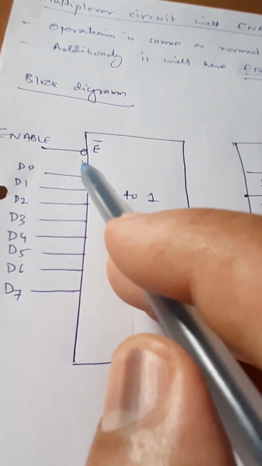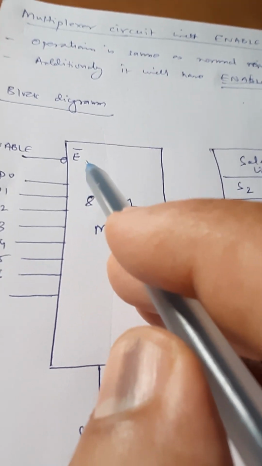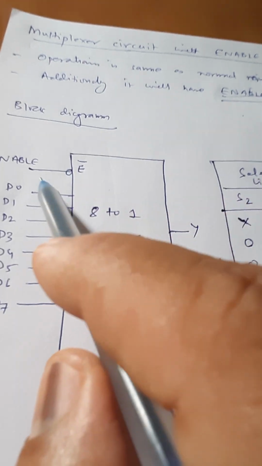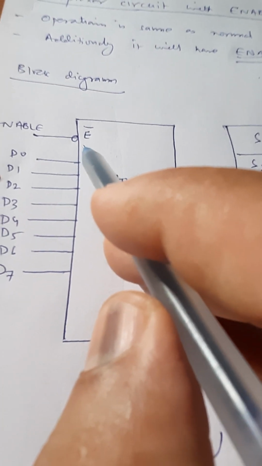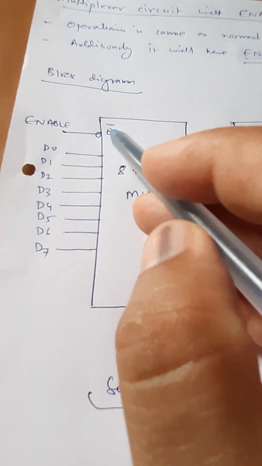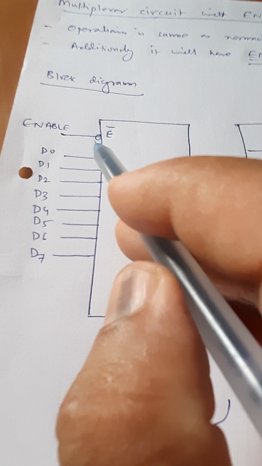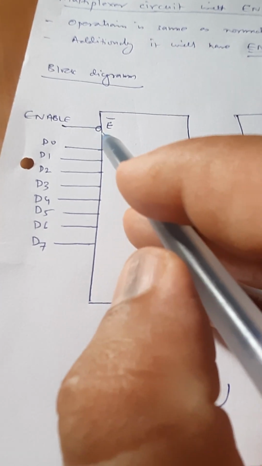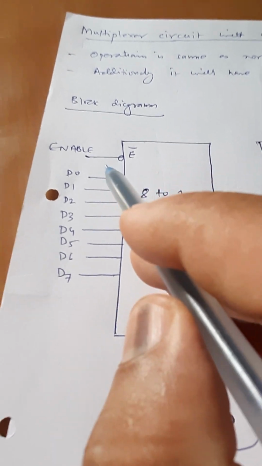The signal which we supply here will work as a switch. When we supply 0 here, the multiplexer circuit will work. If we supply 1 here, the multiplexer circuit will not work. It is an active low input. So if you want to turn it on, you have to give input 0.